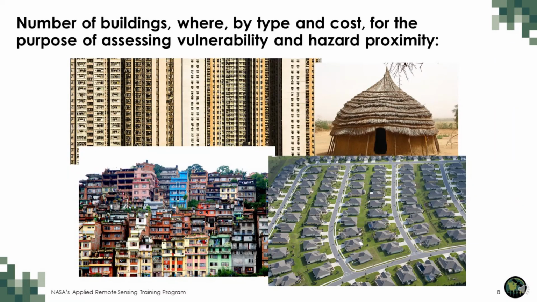So very specifically, what's in these building exposure databases is the number of buildings, where, by type, and cost for the purposes of estimating vulnerability and hazard proximity. So here we have four very different types of buildings that you would expect to find in four very different locations that are more or less resilient to various hazards that might be in their environment.